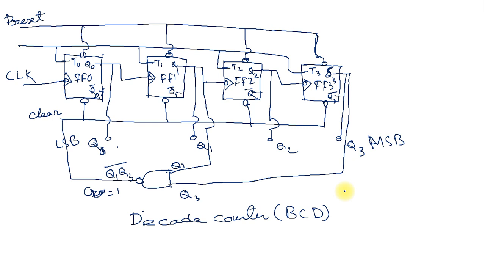So I have given you an idea about the 3-bit up counter, 3-bit down counter, 3-bit up-down counter, mod 6 counter and mod 10 counter. So our asynchronous counter portion is almost completed. Next I will start the synchronous counter section.